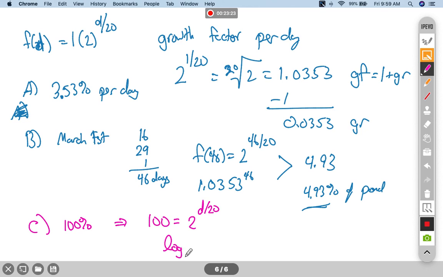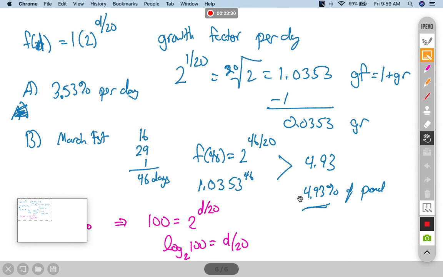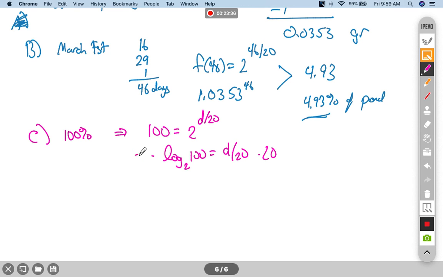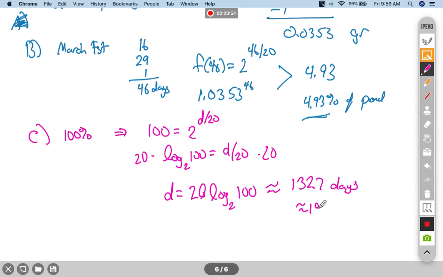I can say the log base 2 of 100 equals d over 20. Then I can multiply both sides by 20. And I'm going to get d equals 20 log base 2 of 100, which is 132.7 days, or about 19 weeks.